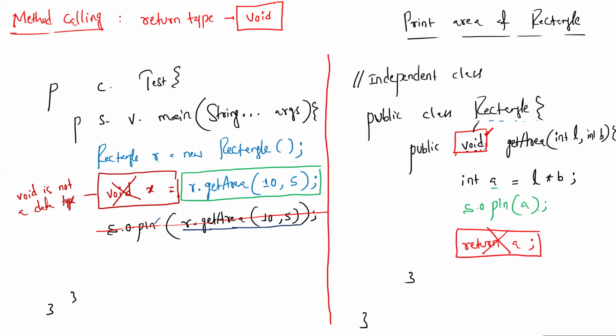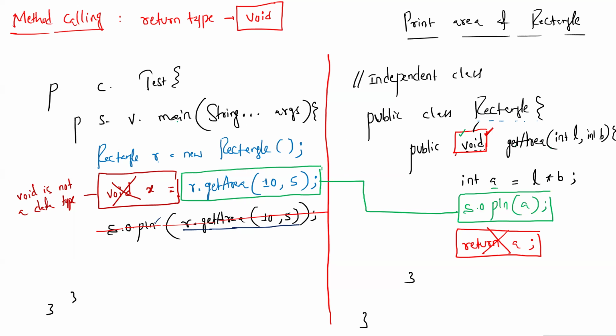So this is the third approach: method calling from the main method and printing from wherever this getArea method is declared. This is the only possible combination if the return type is void. That's the fundamental difference between return type non-void and return type void approaches.